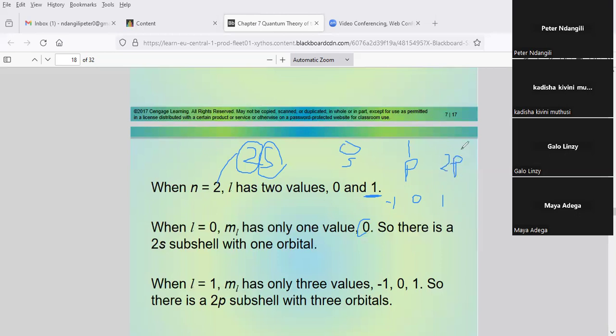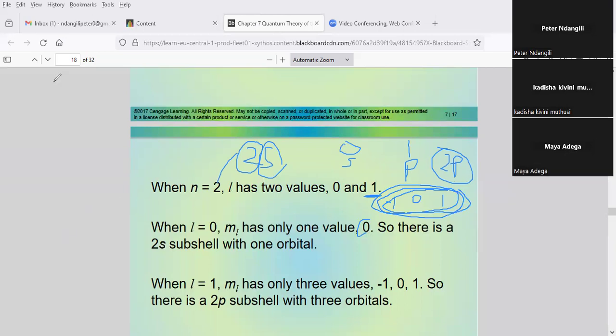That 2p has 3 values. These 3 values are degenerate orbitals, orbitals of the same energy. I will use this to show you the directionality I was talking about when we talk about a p orbital. Any questions so far?